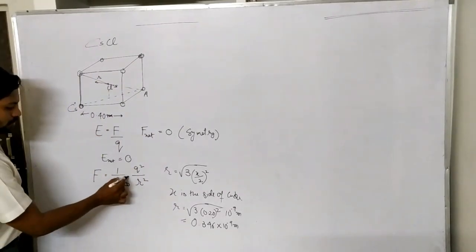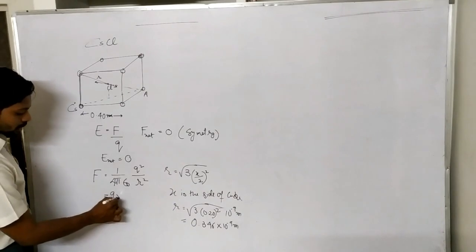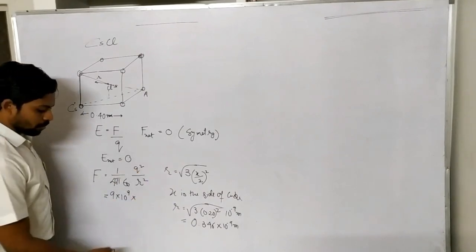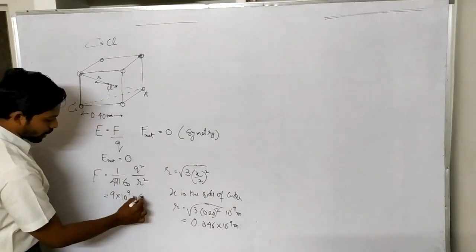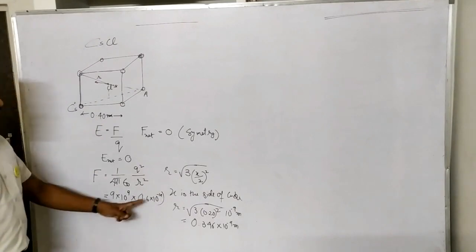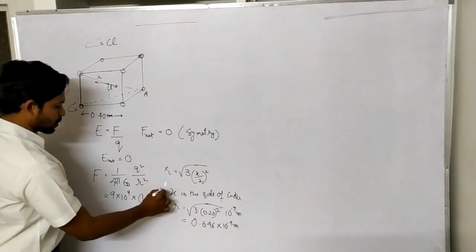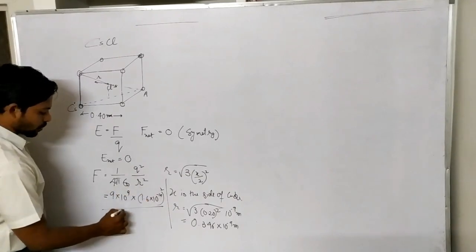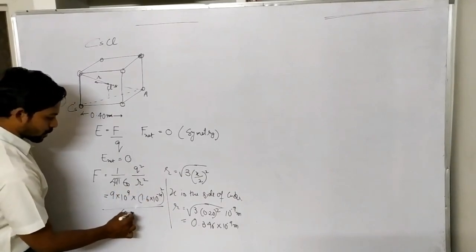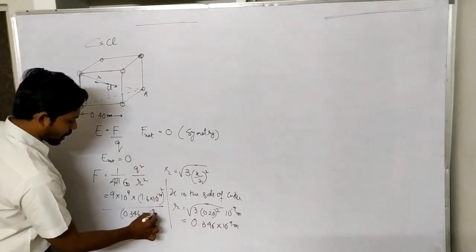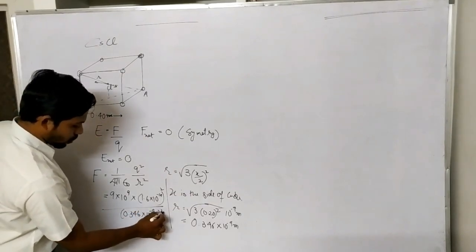Now we will substitute the value: 1 by 4 pi epsilon naught is 9 into 10 to the power of 9, into q square. The q value is 1.6 into 10 to the power of minus 19, we are considering an electron's value here, square, by r square, that is 0.346 into 10 to the power of minus 9 meter whole square.